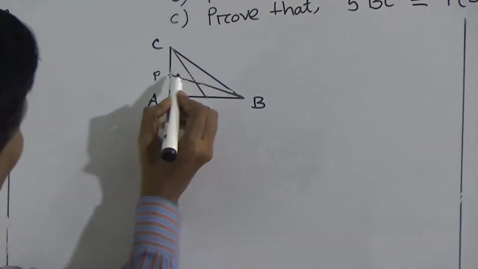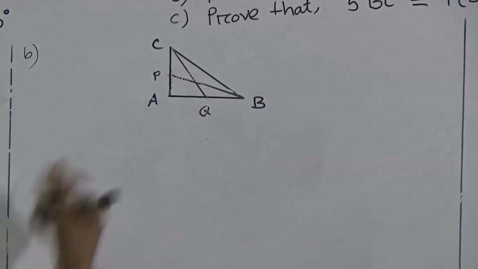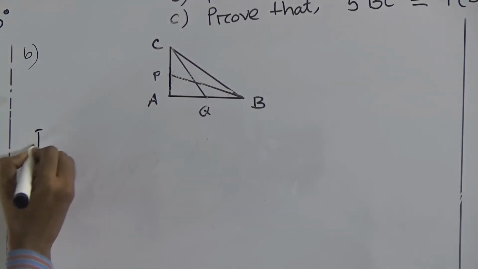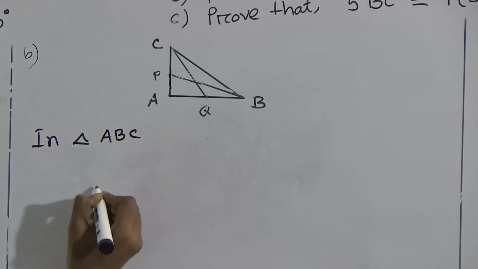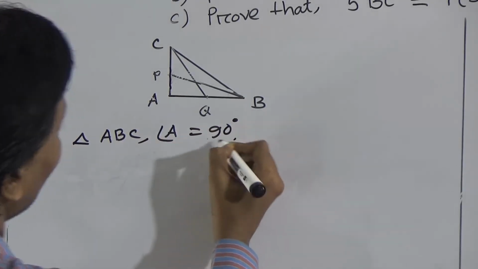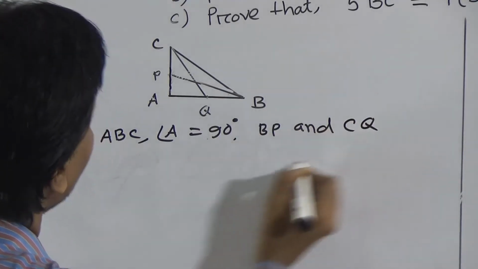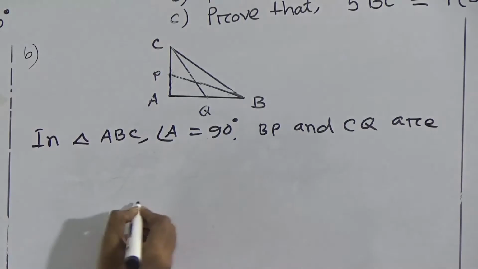Please look at the theorem properly. This is a right angle triangle. According to the stem, in triangle ABC, angle A equal to 90 degree, BP and CQ are two medians.